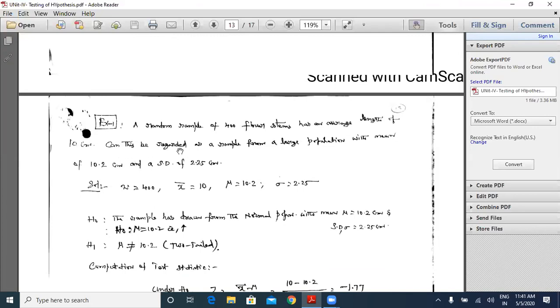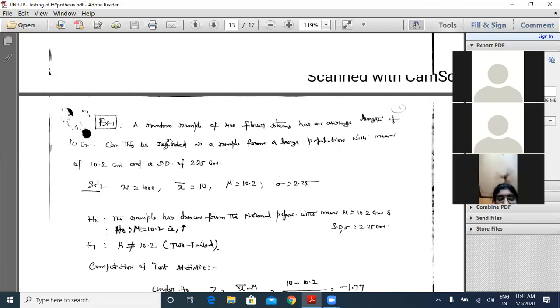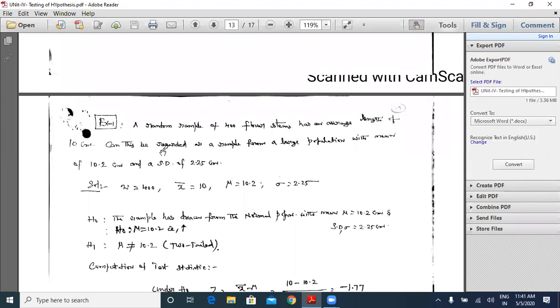Can this be regarded as a sample from a large population with the mean 10.2 centimeters and SD of 2.25 centimeters? Here a random sample of 400 is given, so n value is given. 400 stems has an average length of 10 centimeters, so x bar is given, and population mean mu is 10.2, population SD sigma is 2.25. So first you write what is given: n is equal to 400, x bar is 10, mu is 10.2, sigma is 2.25.